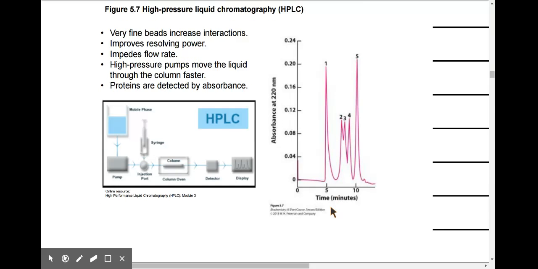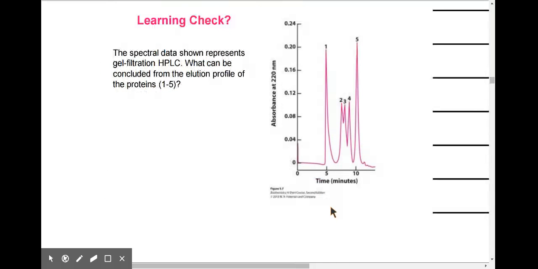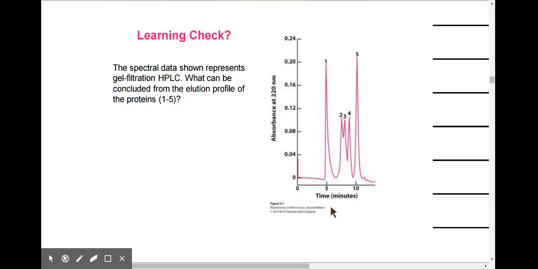So if this data over here is representing gel filtration HPLC, how does gel filtration separate proteins? Based on what? Based on size. Good. So gel filtration separates proteins based on size.